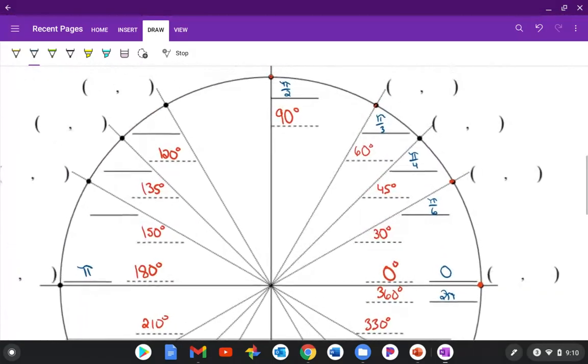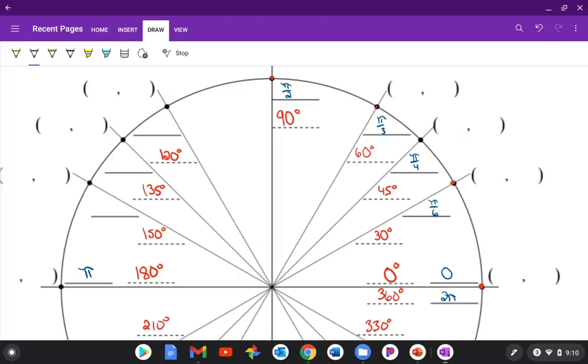Okay. Now you'll start to see a pattern here. Just like before for the middle ones of these, we added 45. For the middle ones of these, we're adding pi over 4. Because we go from 0 to pi over 4. Another pi over 4, we get pi over 2, because that's like 2 pi over 4. Okay, so the middle of the next one is going to occur at 3 pi over 4.